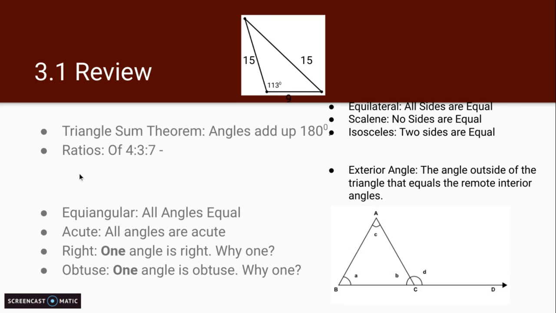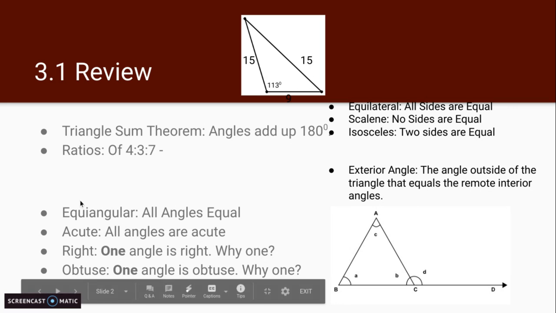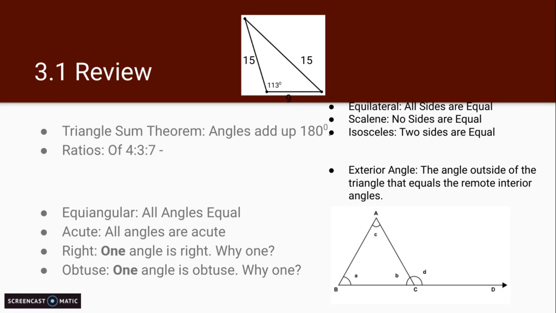And classifying triangles by their angles. If it's equiangular, which I struggled to say in the last video that I made about this, all the angles are equal. So 60, 60, 60. That's the only possible thing. If they have to equal 180, the only way they can be equal is if each is 60. Acute is if all the angles are acute. Right triangle is if one angle is right.